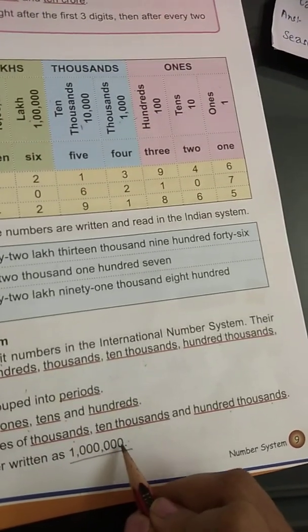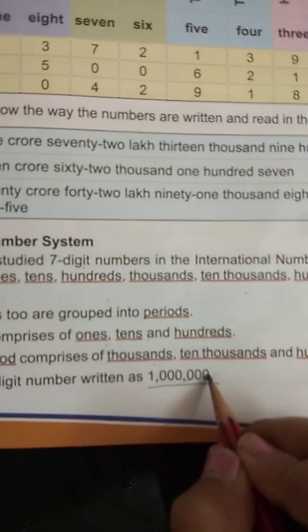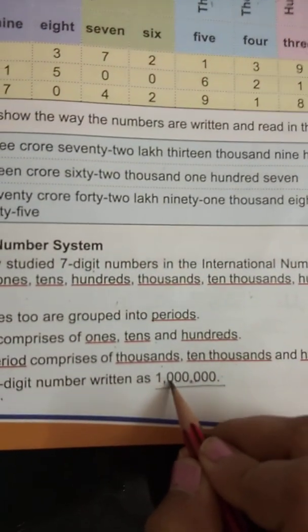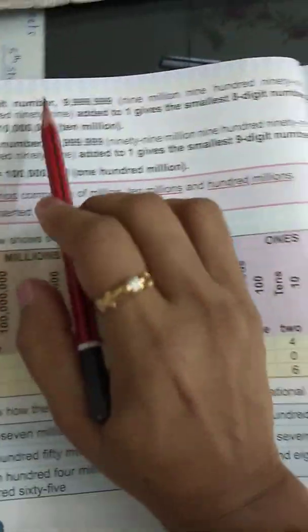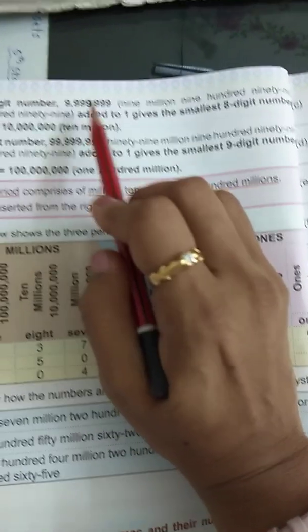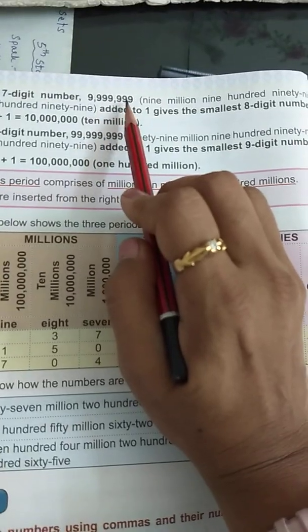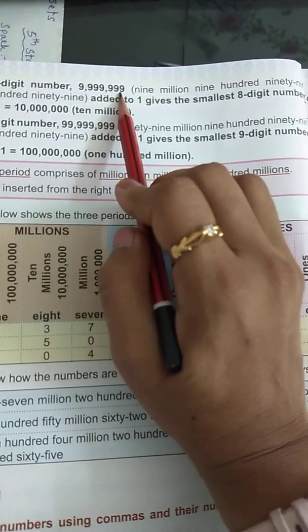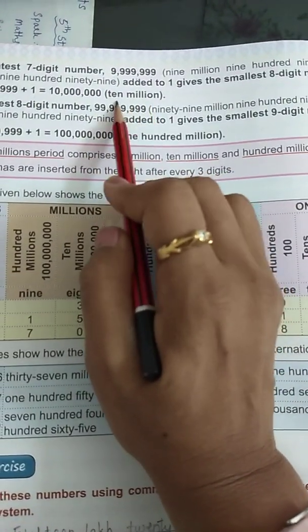The greatest 7 digit number is 9,999,999. If we add 1, it becomes 10 million.